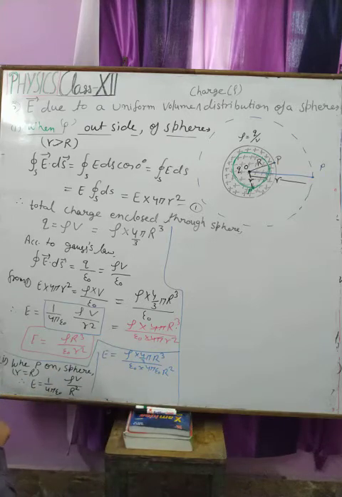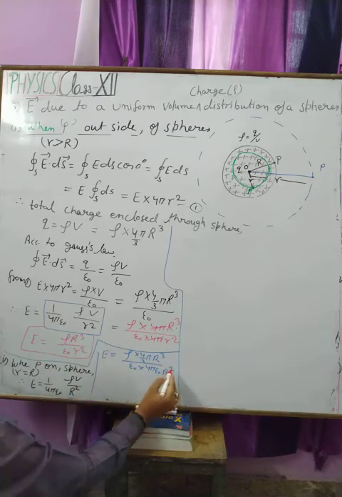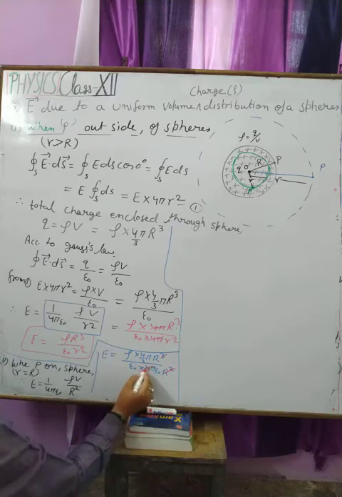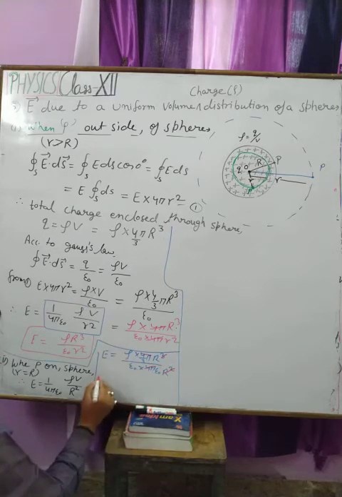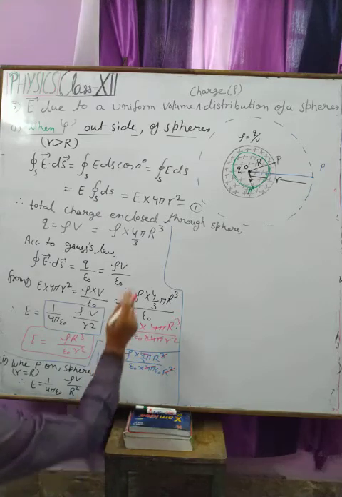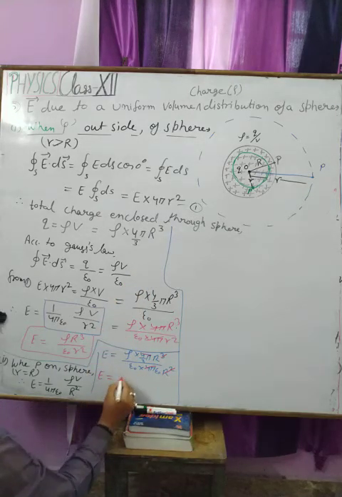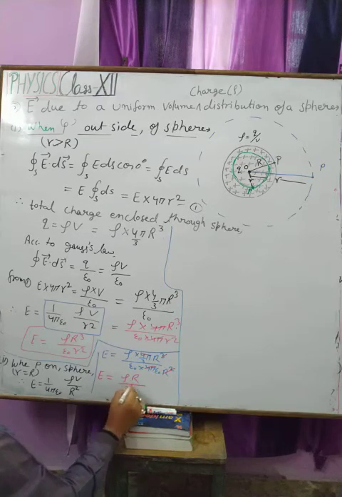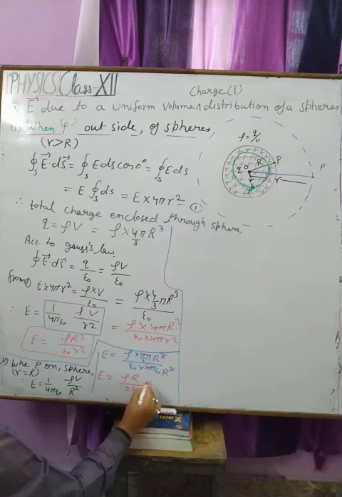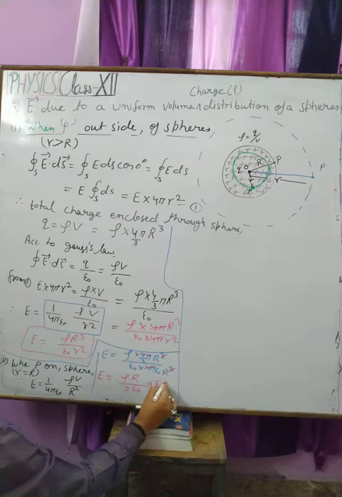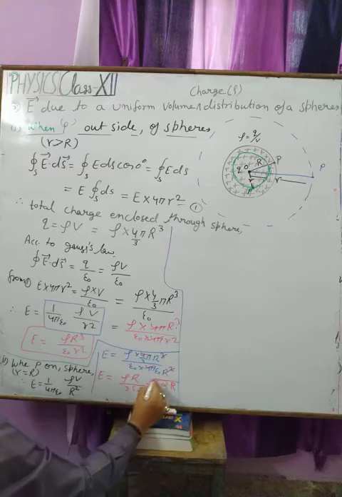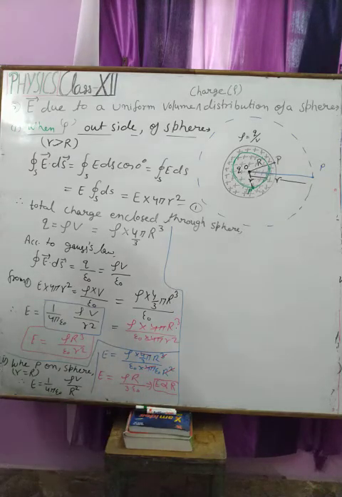So student, you are finding here this value is cancelled by this cube and this 4 pi is cancelled. So we are getting the electric field on the surface is rho R upon 3 epsilon naught, that is E is proportional to R. As R increases it will be increased.